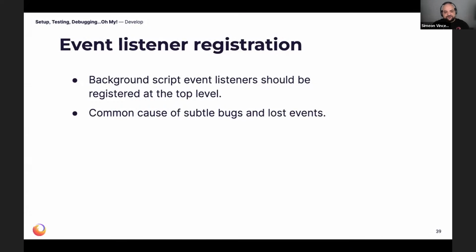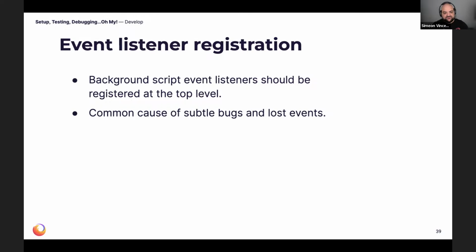Directly related to that, event listeners should be registered at the top level of your background script, or more specifically, synchronously on the first execution of your background script. Because the extension process can and will be terminated, Firefox will try to restart your extension process in response to interesting events that your extension has added listeners for.